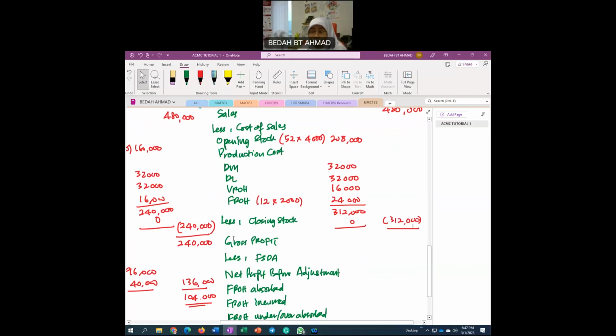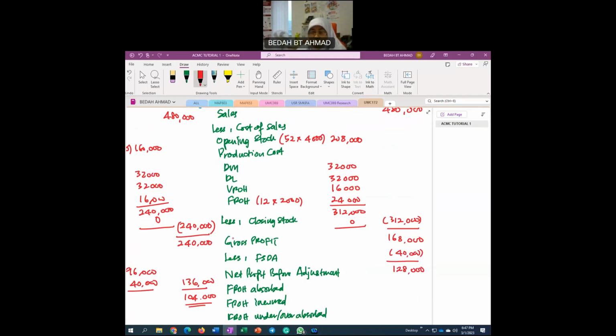So the gross profit is 168,000. Then less fixed selling, distribution overhead, which is the 40,000. Okay, so you got the net profit before adjustment, 128,000.